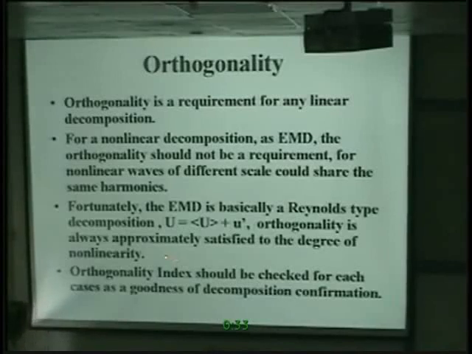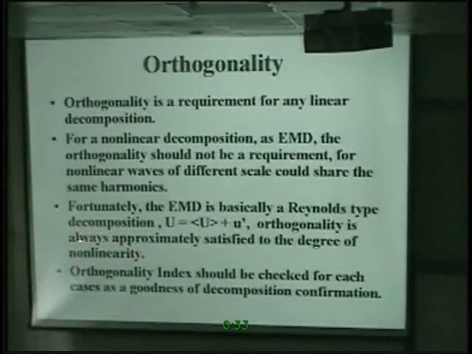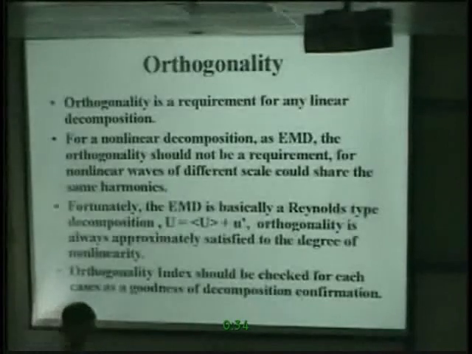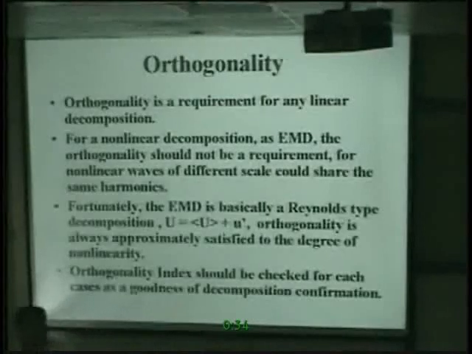That orthogonality is to the degree given by the nonlinearity. However, there's another problem: if the data is extremely short, so that there are only a few waves involved. In this particular case, you don't have to choose very short data.